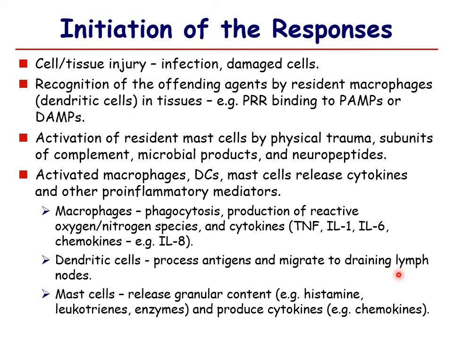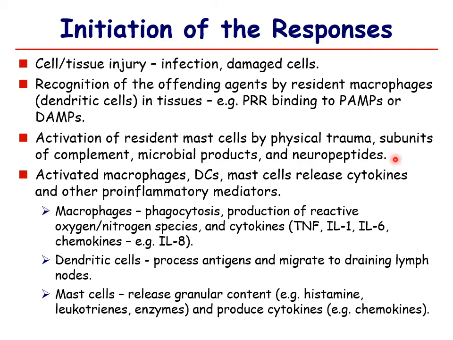As you already know, mast cells are also present in the tissue, so resident mast cells can be activated by physical trauma or various soluble components, such as subunits of complement, some microbial products, and neuropeptides that are being produced during the response.